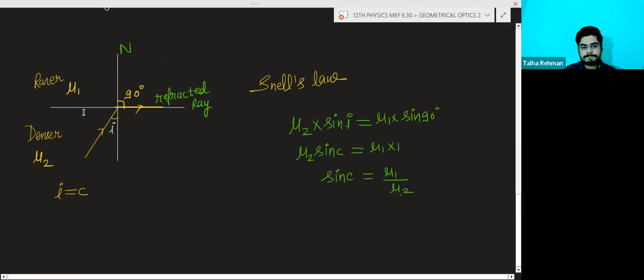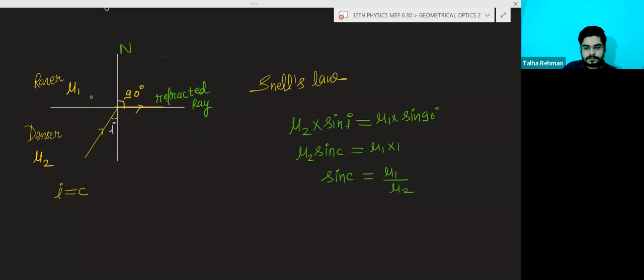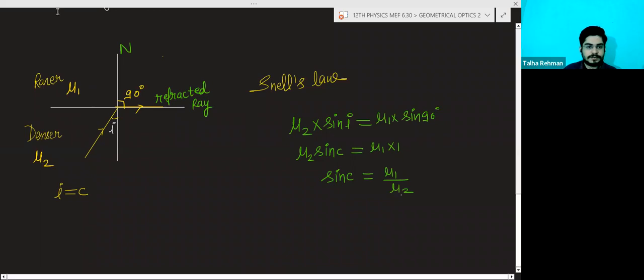What is mu1? Mu1 is the refractive index of rarer medium, and mu2 is the refractive index of denser medium.